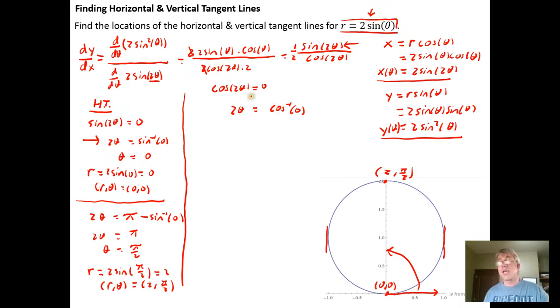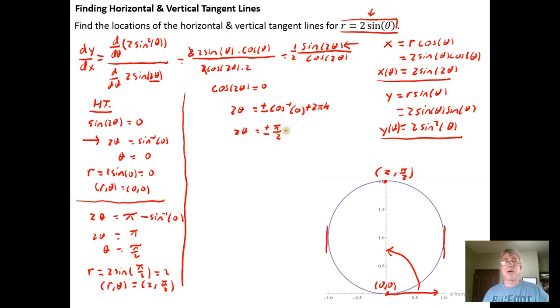So when we take the cosine inverse of both sides to get the two solutions, it's a different process than it is for the sine. For the sine function, we get supplementary pairs. For the cosine function, we take advantage of the even symmetry and say we're going to get plus or minus some angle. And then we do want to remember there are infinitely many answers, so we could go plus 2 pi k if we needed to. So twice theta is going to equal plus or minus, the cosine inverse of 0 is just pi over 2.